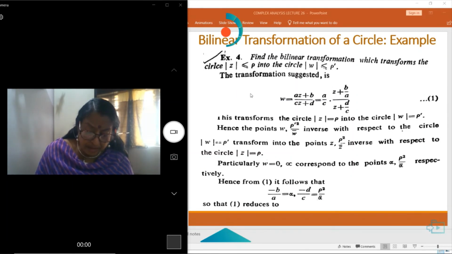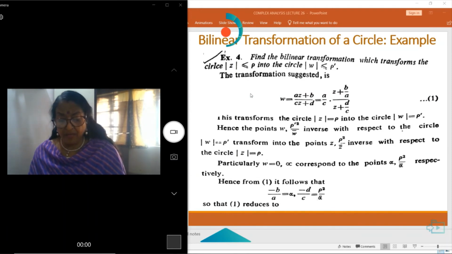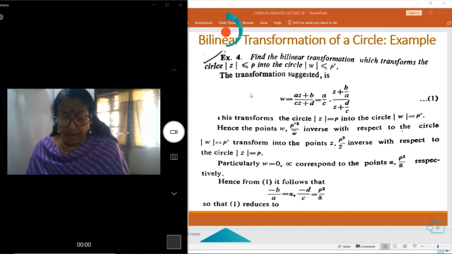So when w equal to 0, the corresponding points are alpha and rho squared by alpha bar respectively.